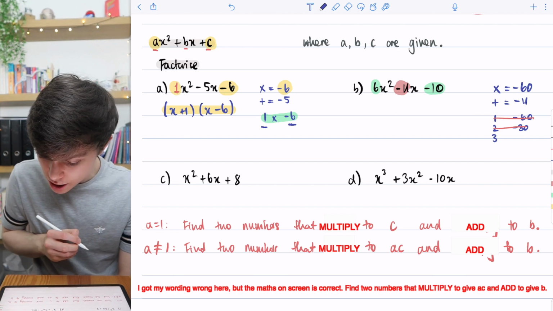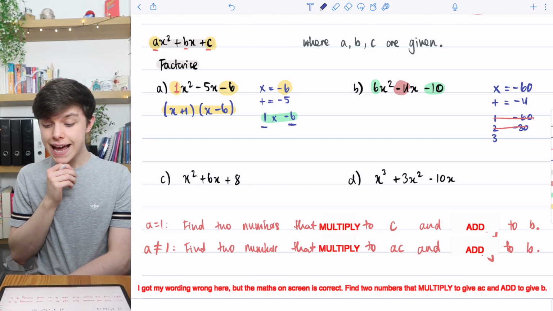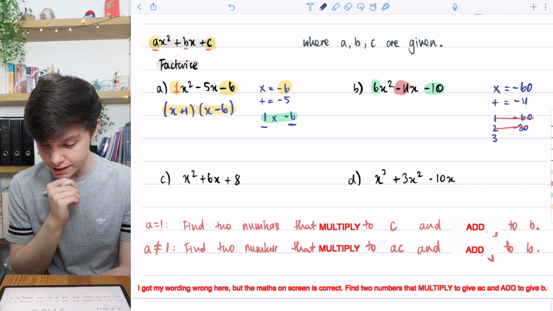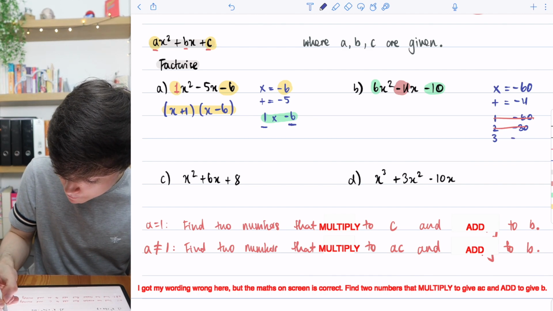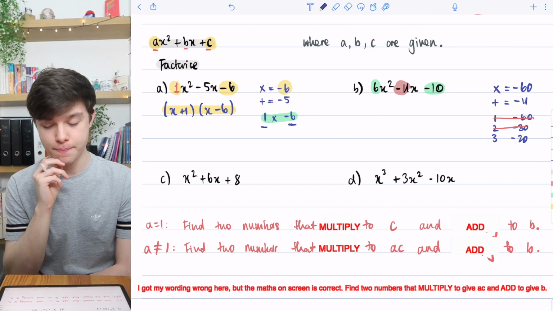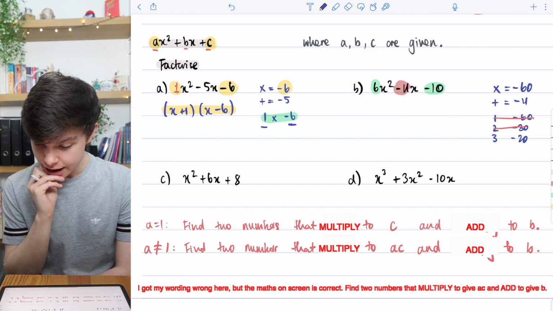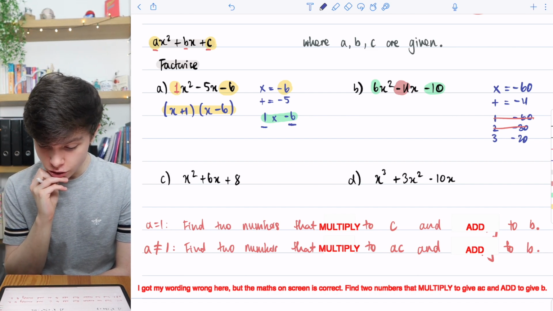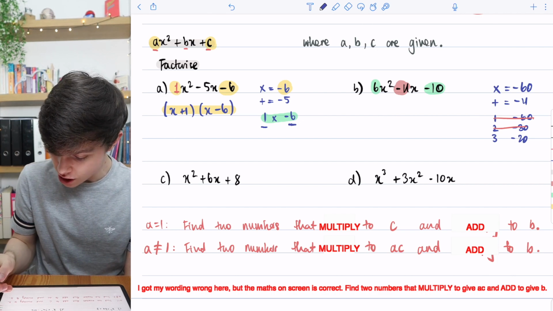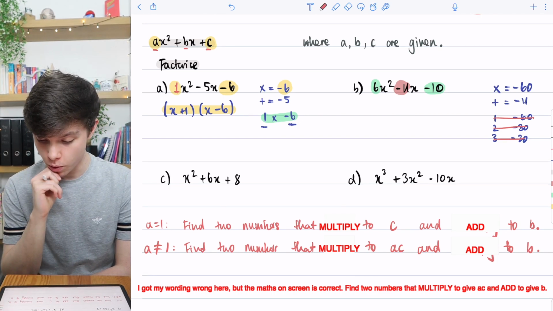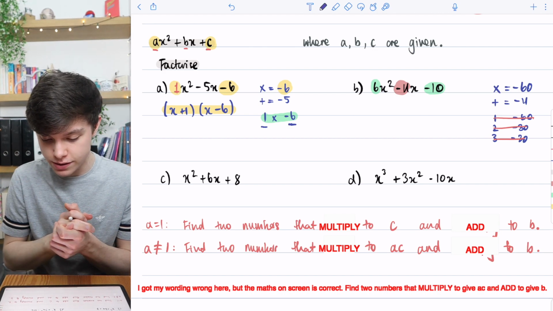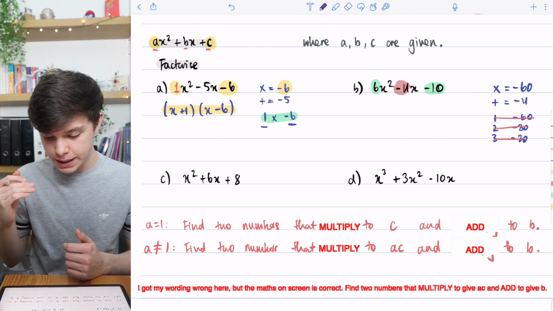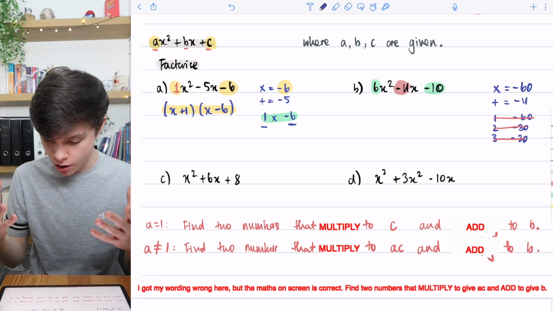Move on to your next number, 3. 3 times what gives me minus 60? It is 3 times minus 20. Okay. Now, is that going to work? Not for the addition, so that's not what we want. Move on to your next number. Sometimes you might be able to spot it straight away, but it's always good to really break it down and think. 1, 2, 3. No, doesn't work.